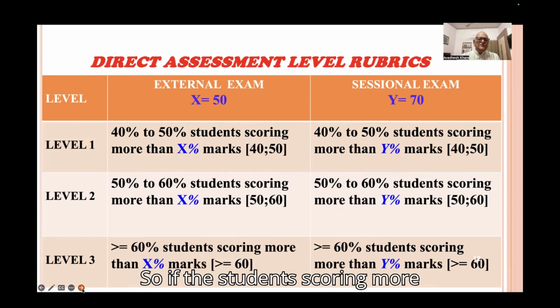If X% is between 40 to 50%, it is level 1. If it is between 50 to 60%, it is level 2. If it is greater than 60%, then this is level 3.